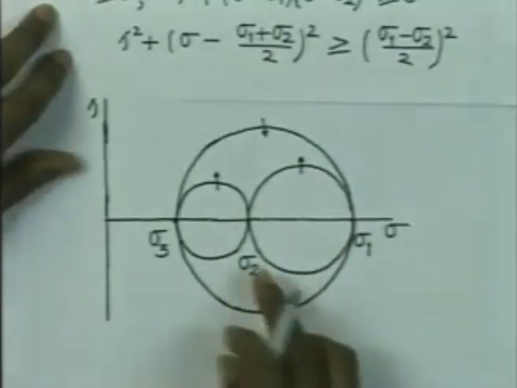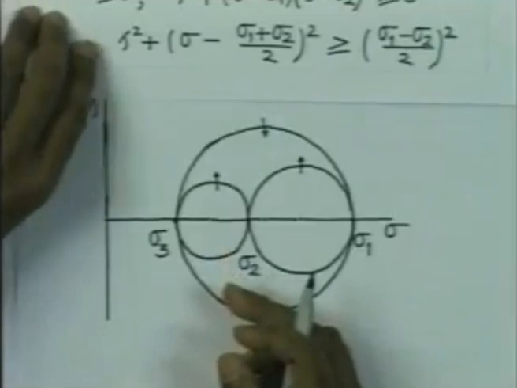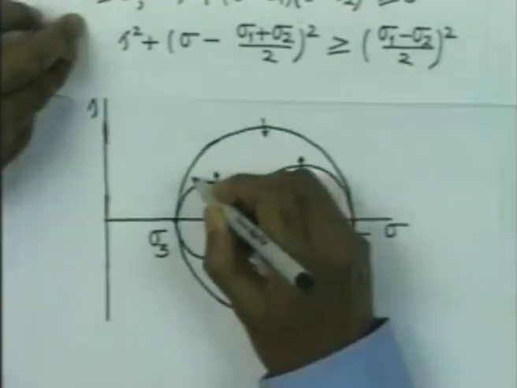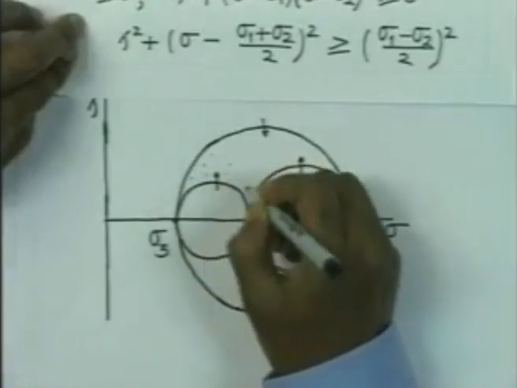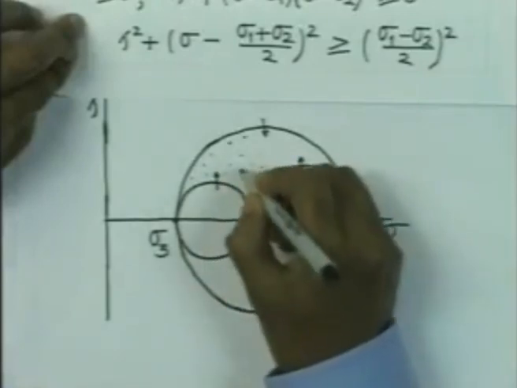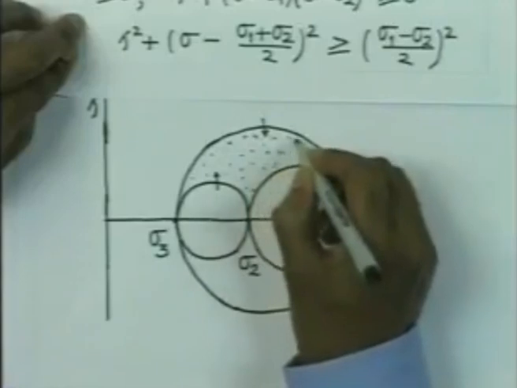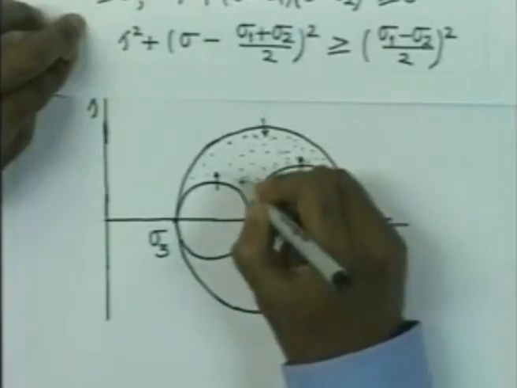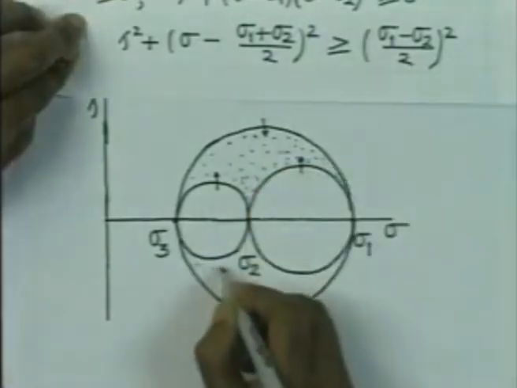So, therefore, the stresses on all the planes passing through the point are going to lie in the space bounded by the 3 circles, and this is the space which will be occupied by all the stresses.